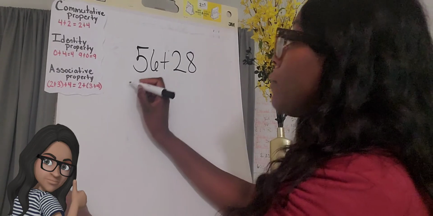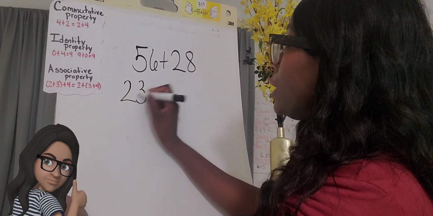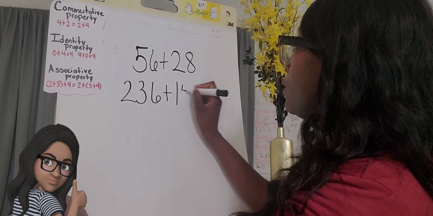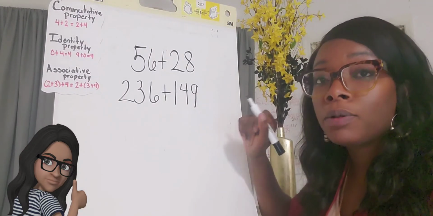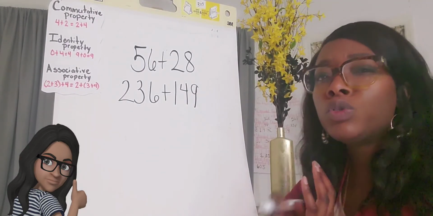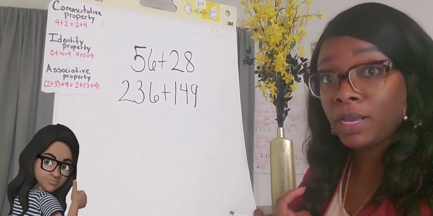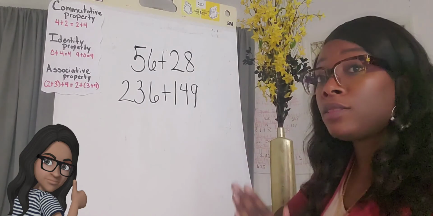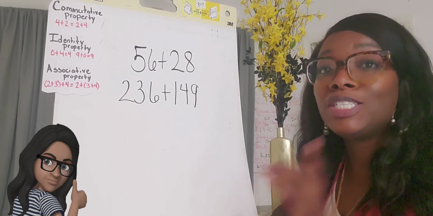And the second problem I want you to work is 236 plus 149. Work those 2 problems. Do your very best. Use whichever strategy is your favorite. Is it expanded form? Is it model form? Is it just writing the numbers vertically and lining them up? You choose. Do your best.